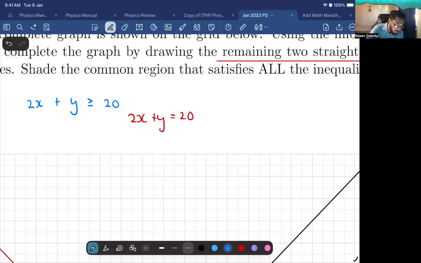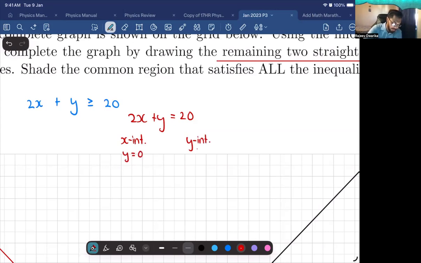So Sheena, if we want to sketch the line for 2x plus y is equal to 20, what are the 2 easiest points to find? The x-intercept and the y-intercept. Right. Sheena, at the x-intercept, what do we know the y value is? 0.